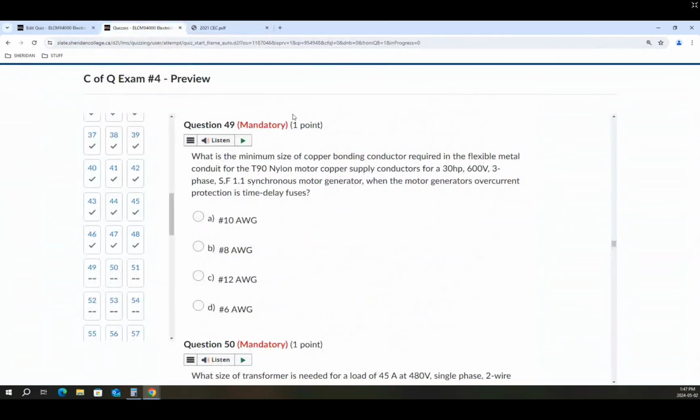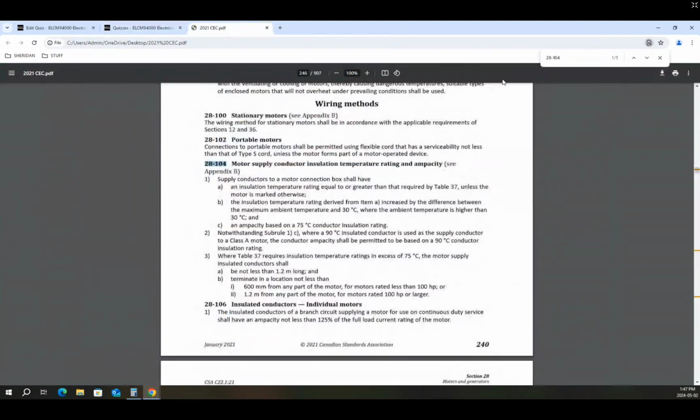I forgot. Because again, all of these questions aren't giving you the FLA. So we're going to go back to table 44 to get our FLA. So a 30 horsepower, 600 volt with a service factor of 1.1. So table 44.